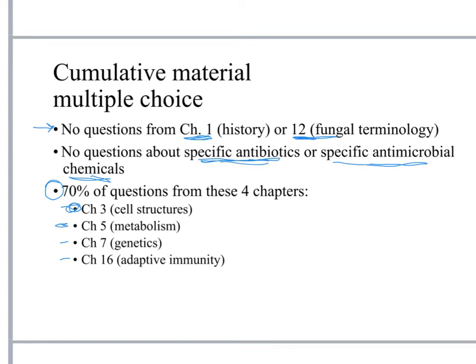The metabolism, general things about metabolism. The genetics, go back and keep straight replication, transcription, translation for sure. And you have been studying adaptive immunity already, so that should be fresh in your mind. So again, just trying to help you target what to study there.